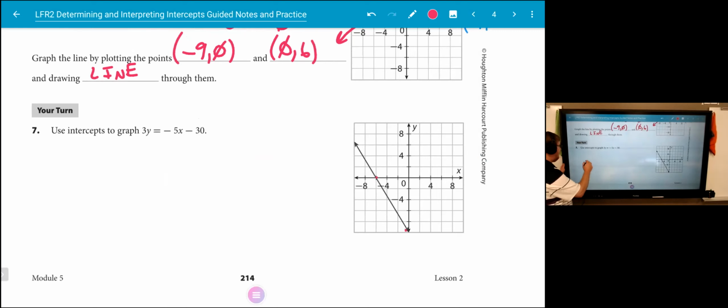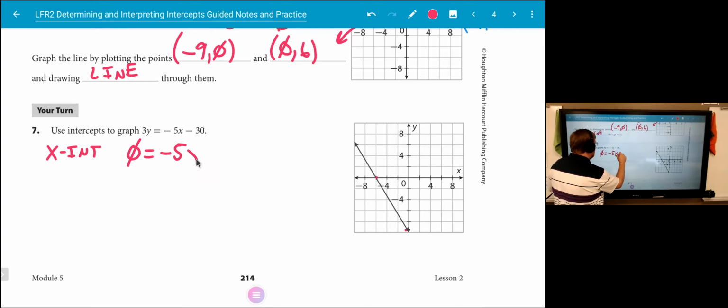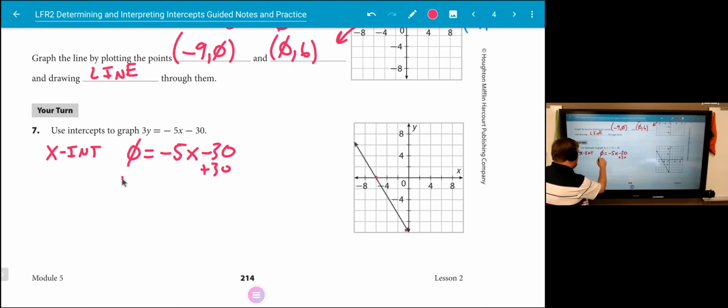So to find my x-intercept, I set my y equal to 0. So 3 times 0, right? That's where I get that, equals -5x minus 30. I'm going to add 30 to both sides. 30 equals -5x.